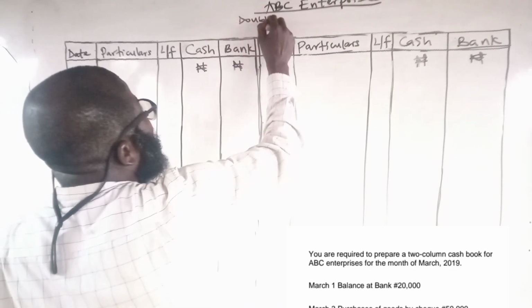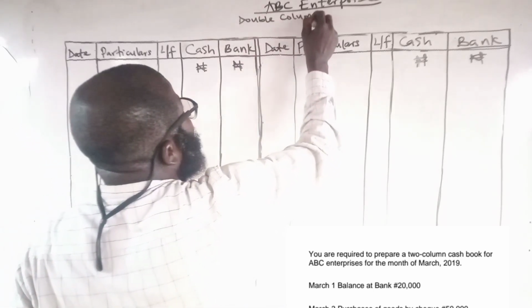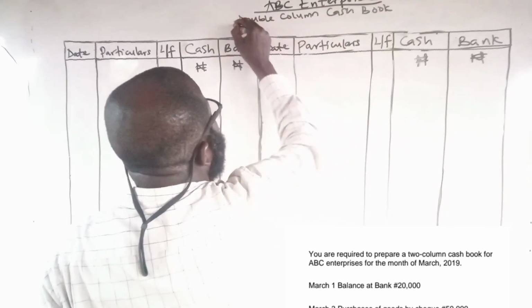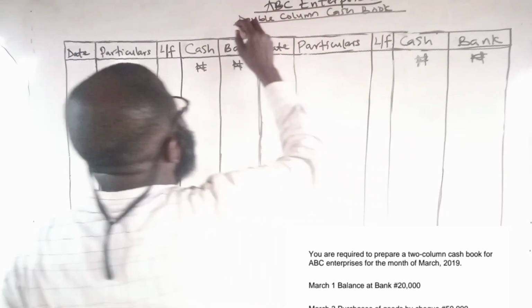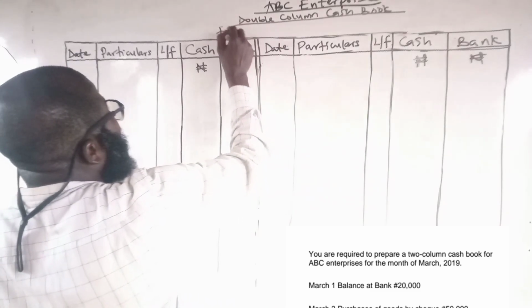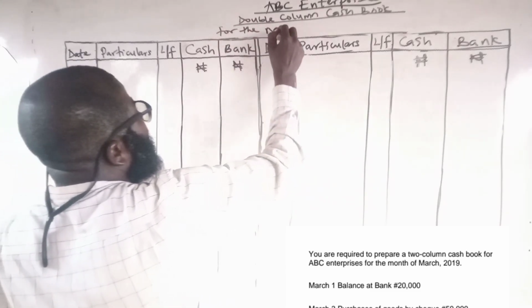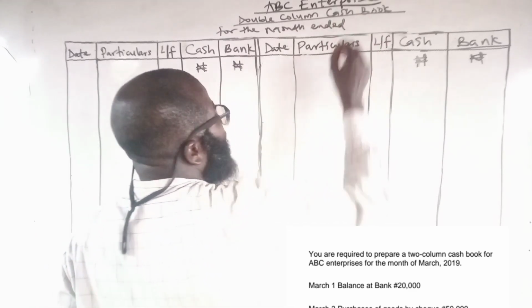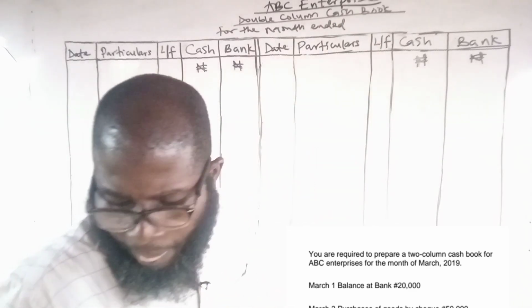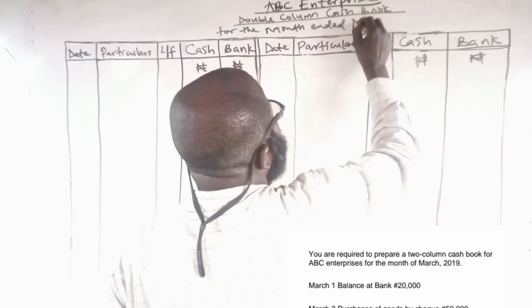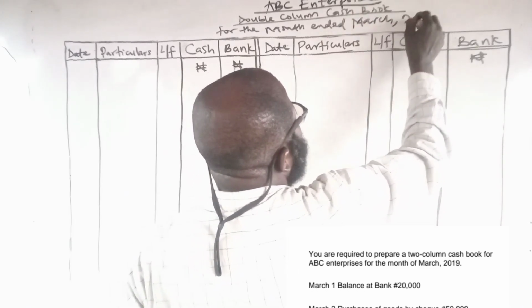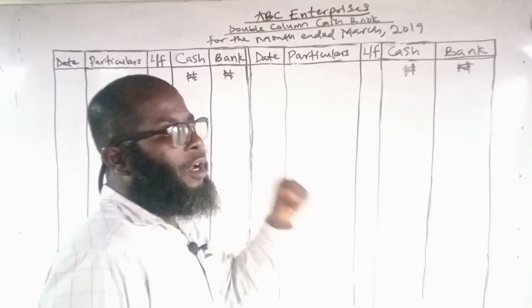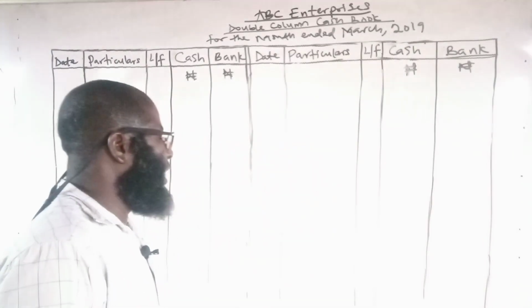Double column cash book. For the month ended March 2019.